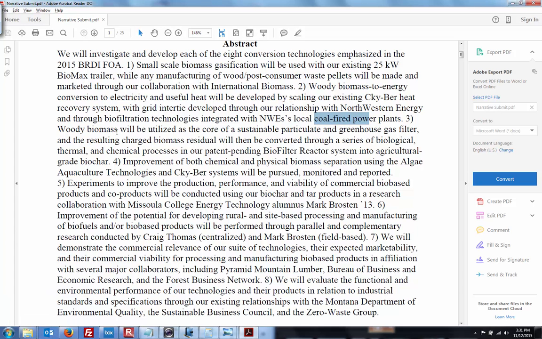So you're actually using the woody biomass as a filter, so you're cleaning the air with it, more integration. Building upon algae aquaculture's existing systems, so integrating with them.